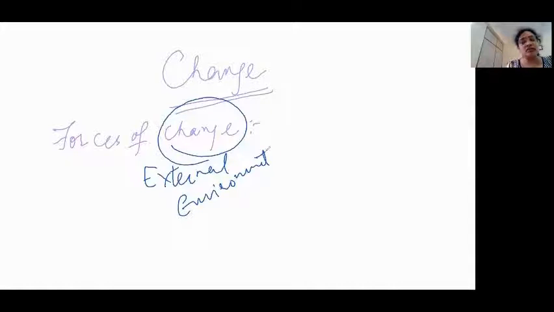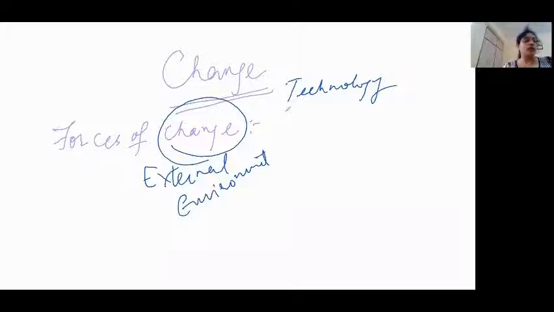So what are those external changes? Let's quickly go one by one, which you are very much aware of as you have studied business environment also, and in other papers we have been discussing it time and again. One is technology, that is any shift in technology.